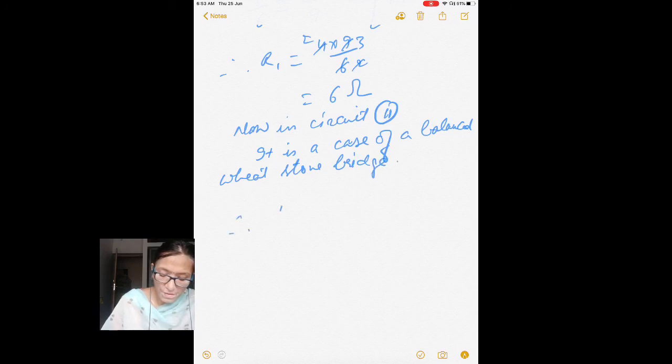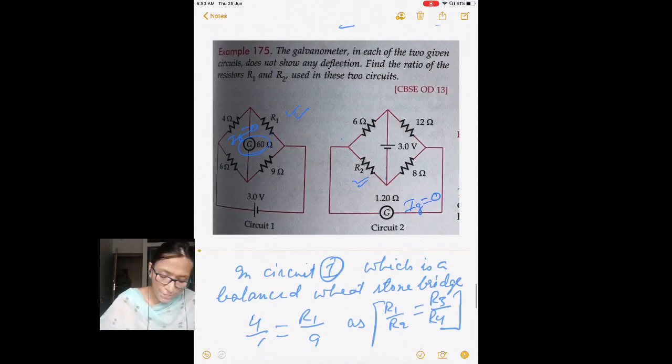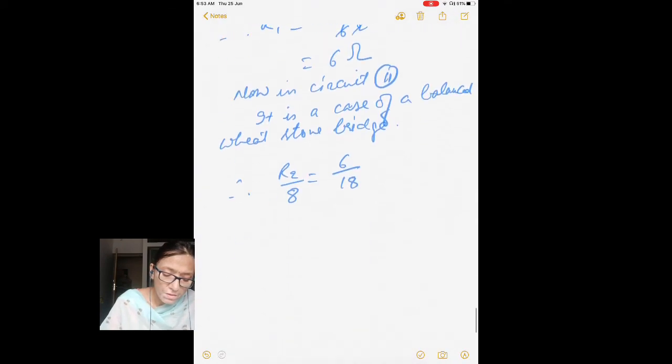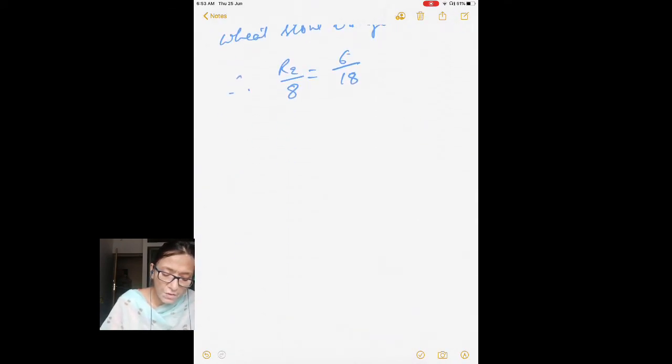Therefore, R2 comes equal to 8 upon 3 ohm.